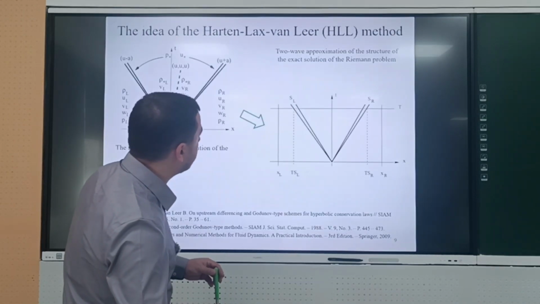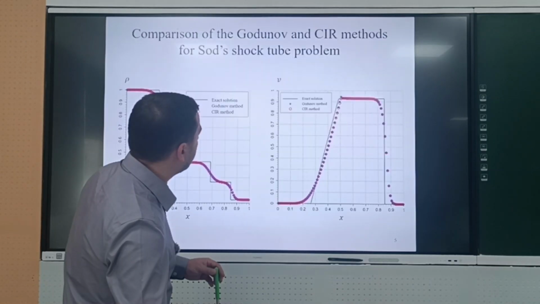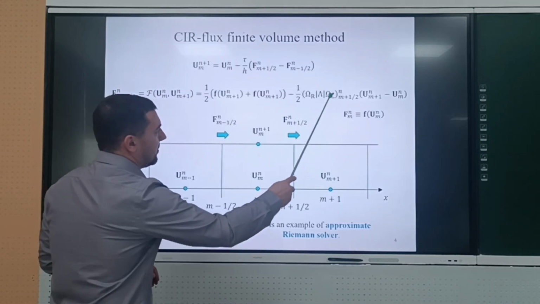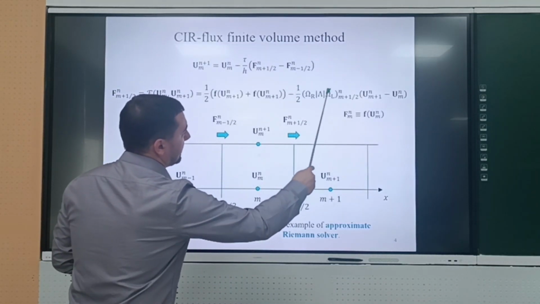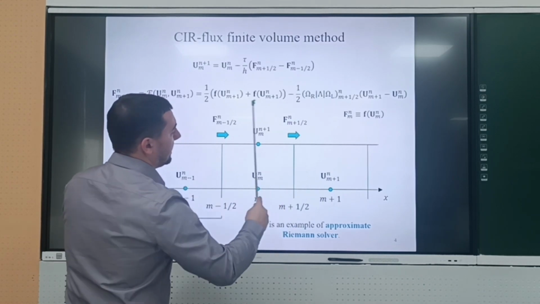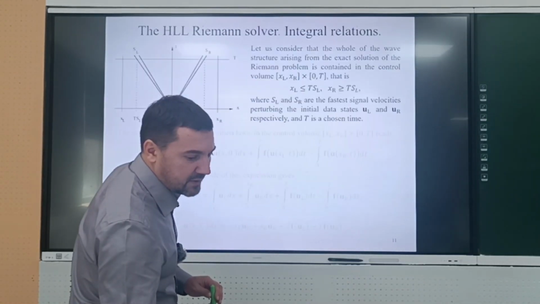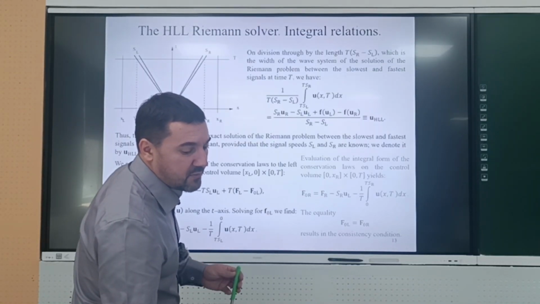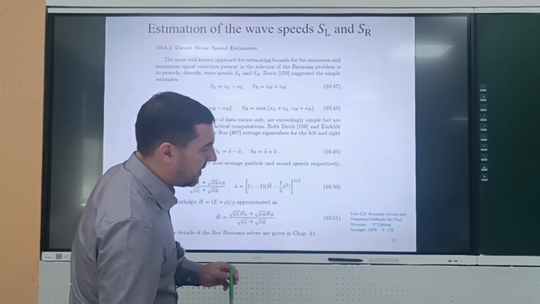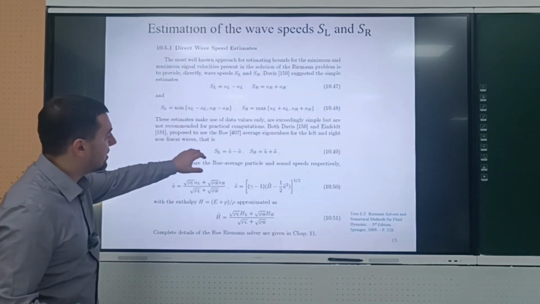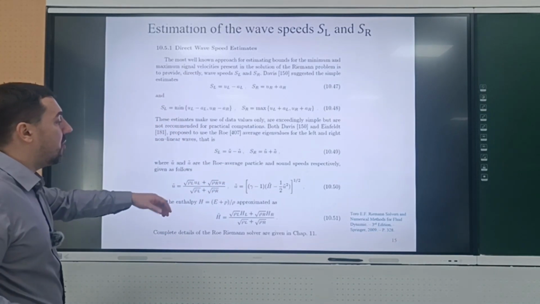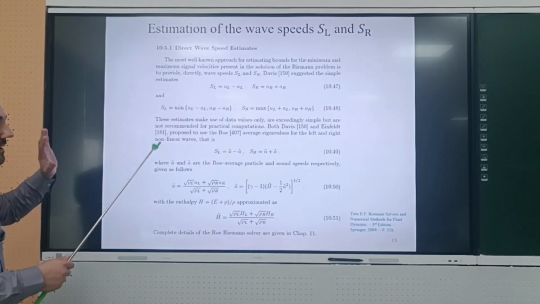We discussed this Roe method, and I told you that if you compute these matrices for Roe averaging, you will get the Roe approach. But actually, these averaging procedures can be used as part of different numerical algorithms, and this is the example. You can compute the estimations for these speeds using Roe averaging, or other approaches.